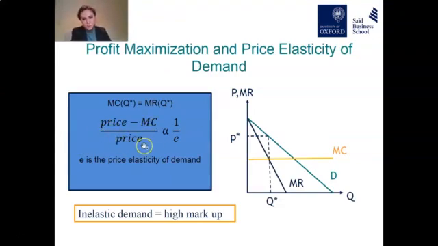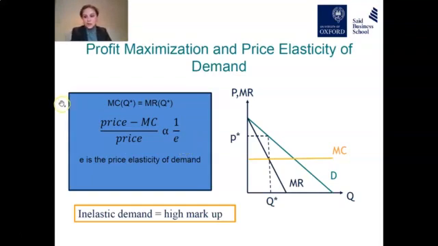Here we're dividing by price, because then this ratio, which we generally represent in percentages, is unitless, so it is comparable across products.